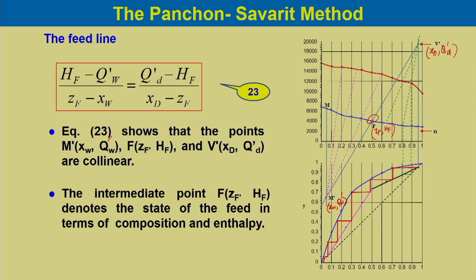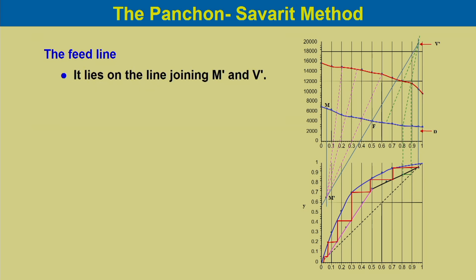The intermediate point F, having the coordinates ZF, HF, denotes the state of the feed in terms of composition and enthalpy. So, it lies on the line joining M dash and V dash.